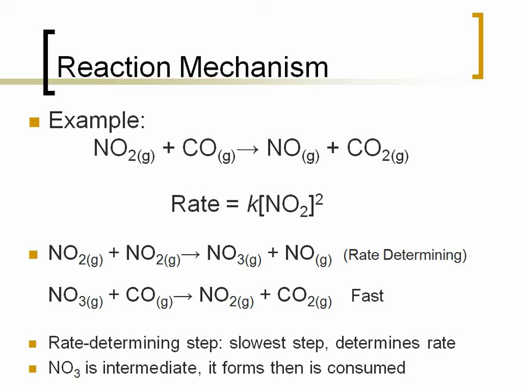There's a lot of information that can be given if you start to see mechanisms. In this reaction, they're saying that the first step is what we call a rate determining step. A rate determining step is the slowest step in a reaction. It determines the rate.